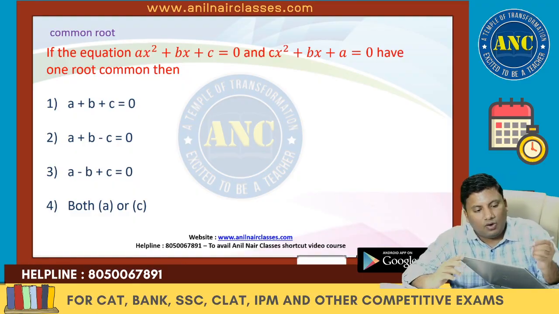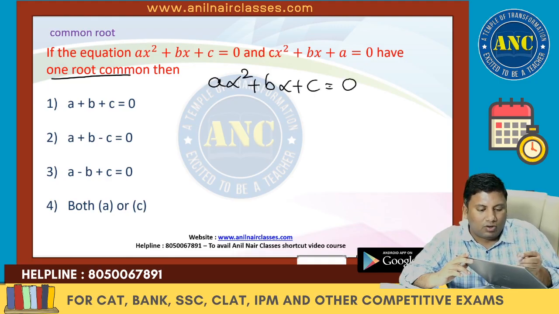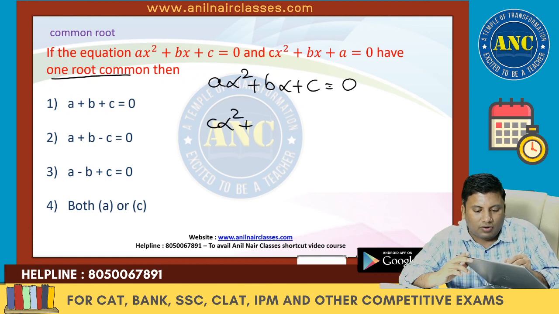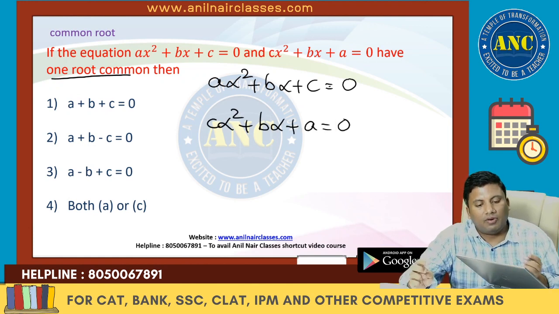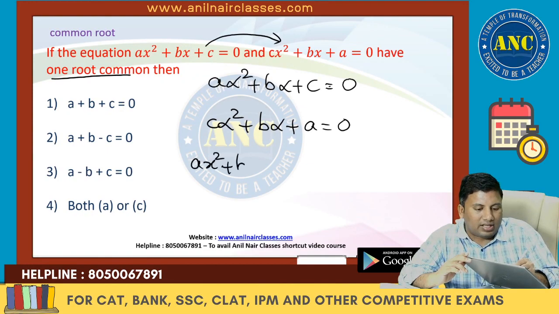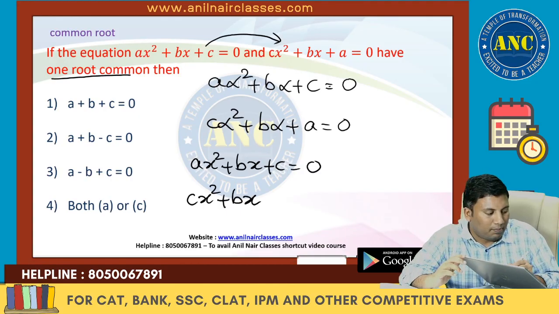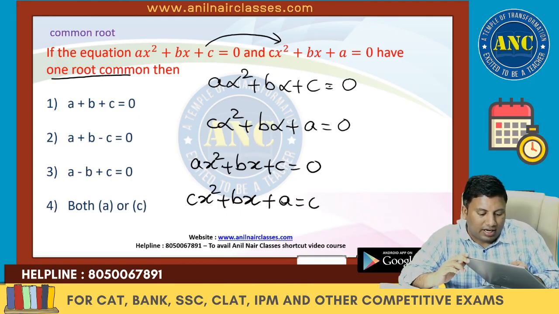Now, if it is one root common, A alpha square plus B alpha plus C equivalent to 0, C alpha square plus B alpha plus A equivalent to 0. Now, if you observe, AX square plus BX plus C equivalent to 0 becomes CX square plus BX plus A equivalent to 0 if the roots are reciprocal to each other.